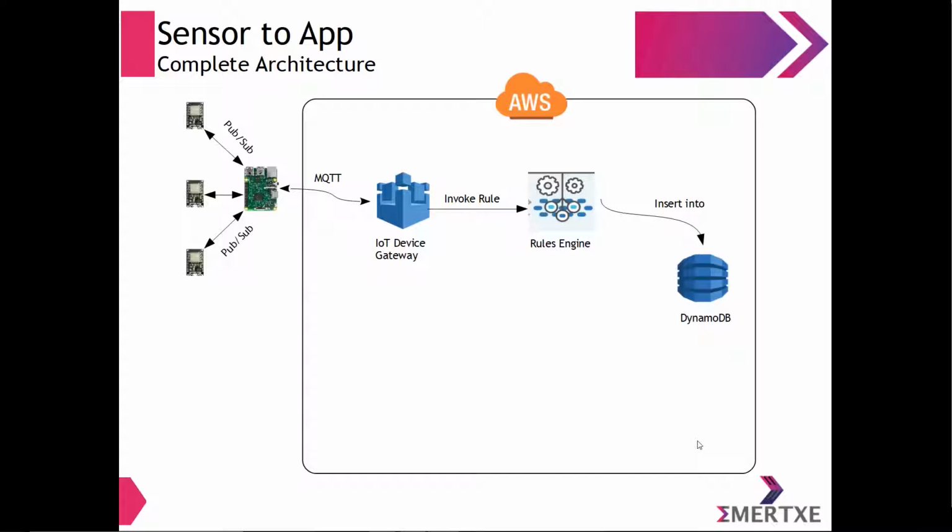When we invoke this rule, the data which is available inside the AWS device gateway gets stored inside the DynamoDB database. Whatever information that devices are sending will get stored inside the DynamoDB database.